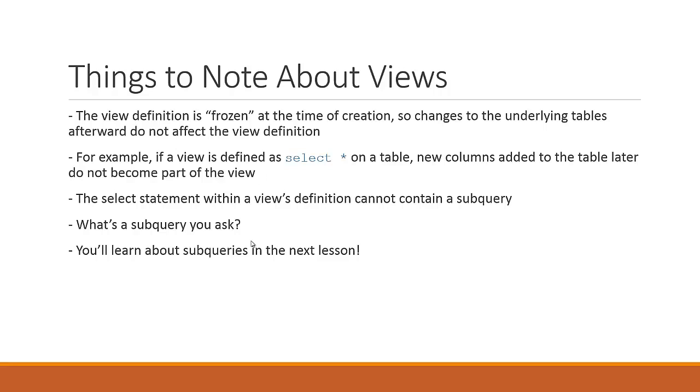So now I'm creating the view as just being a complete duplicate of the transactions table because I'm saying select star from that transactions table. Then any new columns that we've added to that transactions table later do not become a part of that view.